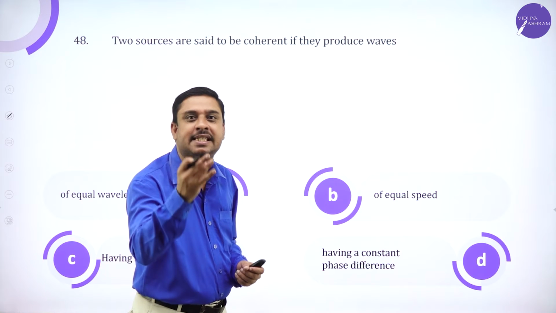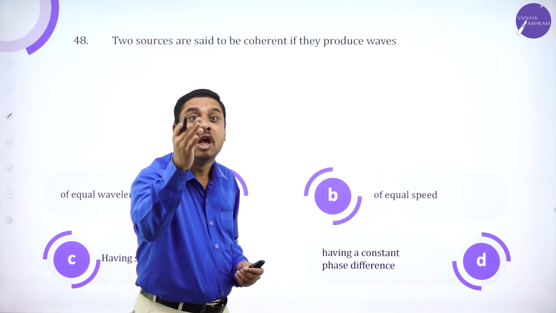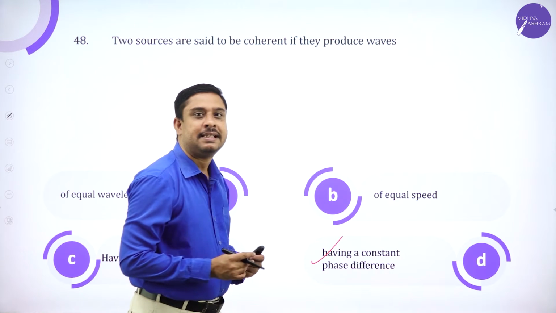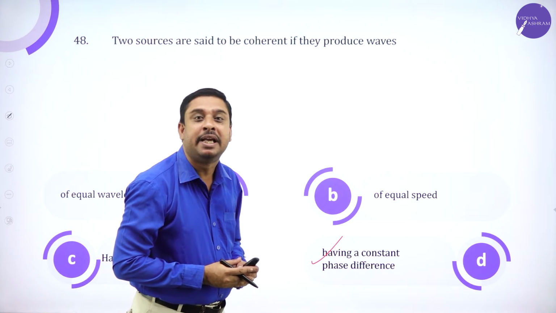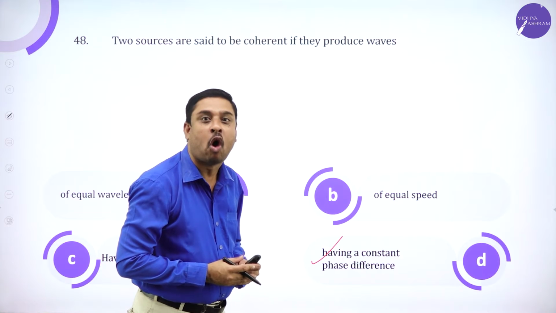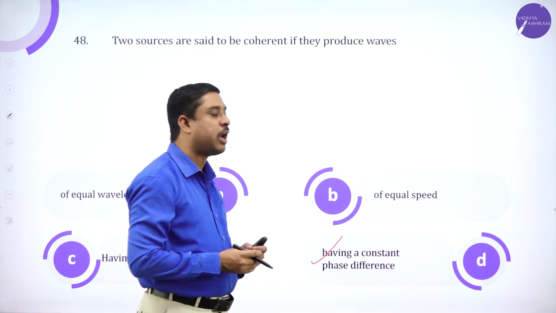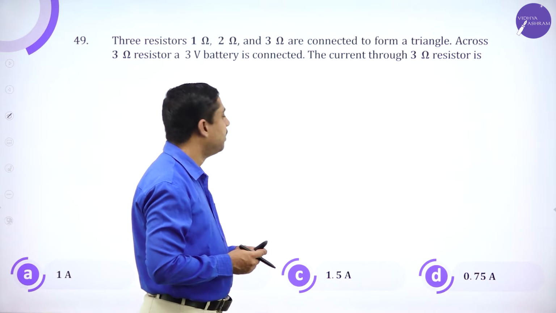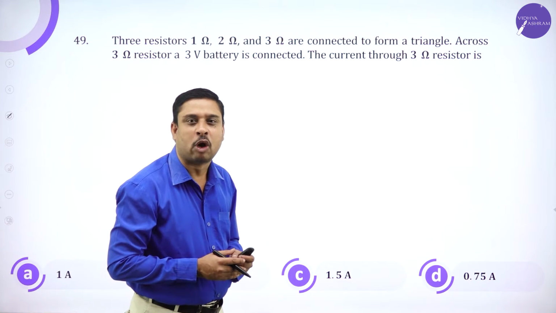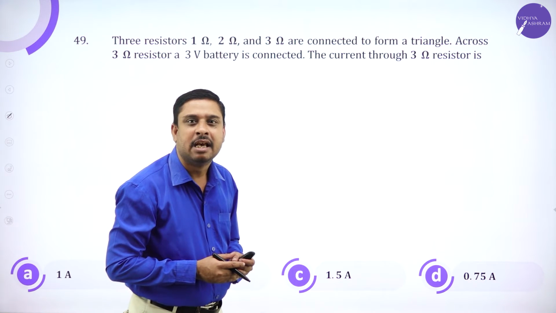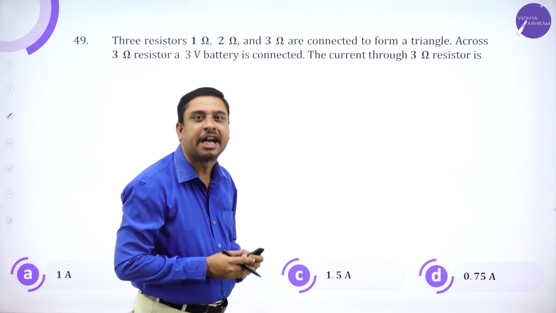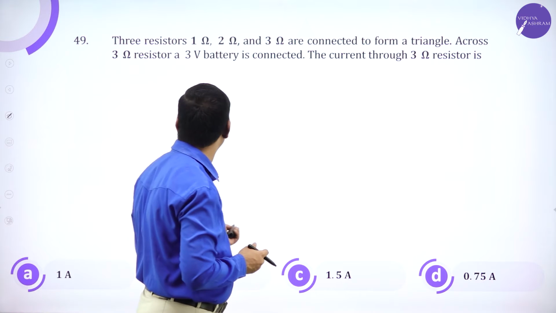Same frequency, same wavelength, constant phase difference. The light waves coming out of two coherent sources should have constant phase difference. Again, I have worked out this series arrangement of resistors using the branch current formula. Find the resistance.